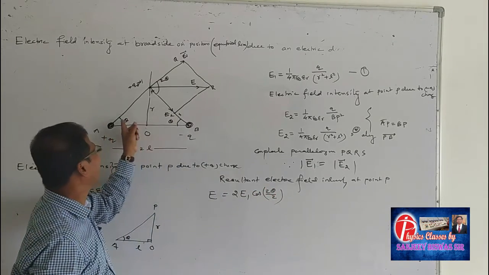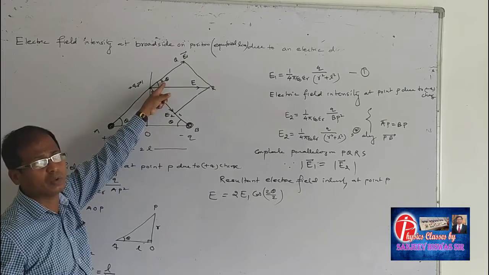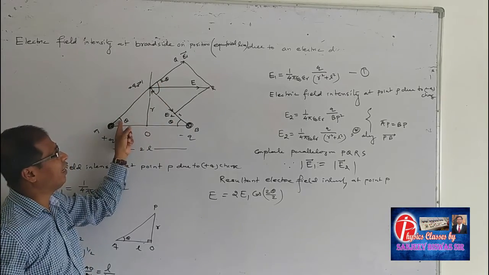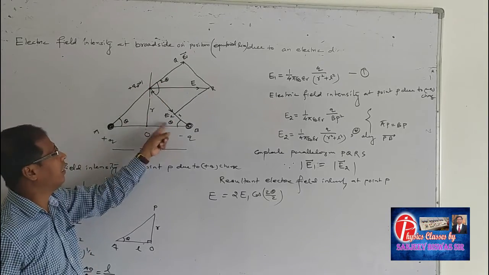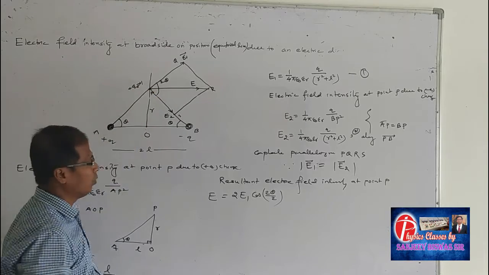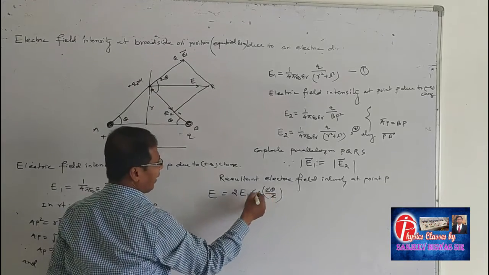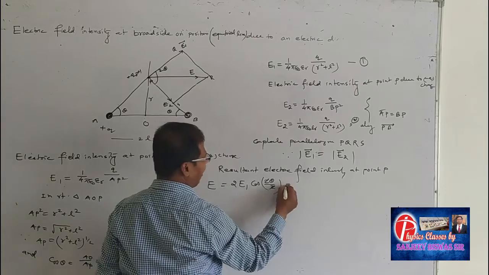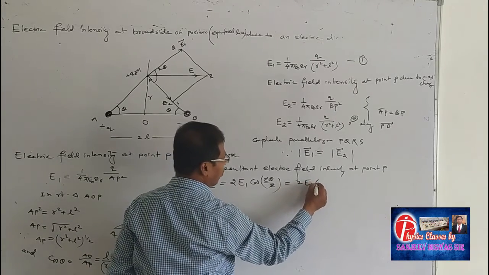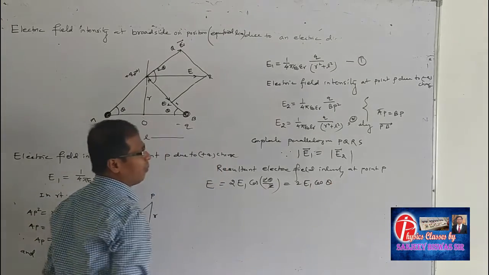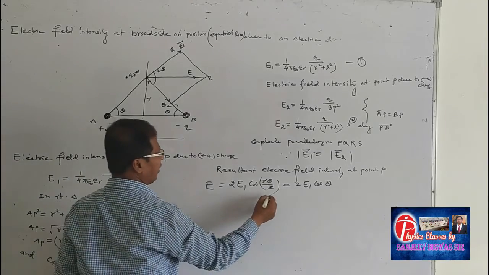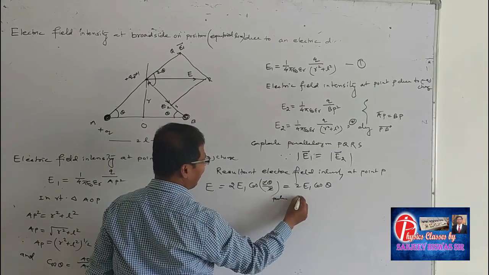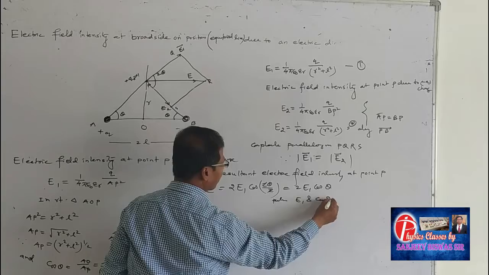The angle here is theta plus theta, that is 2 theta. This is the interior angle, this is the exterior angle. So the 2 cancels out, that means 2E1 cos theta. Put the values of E1 and cos theta.